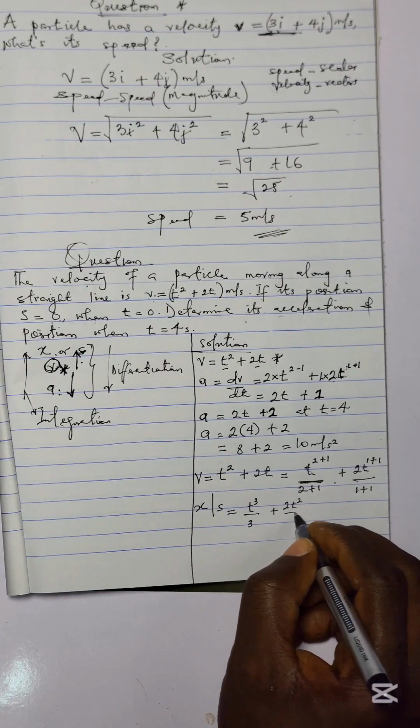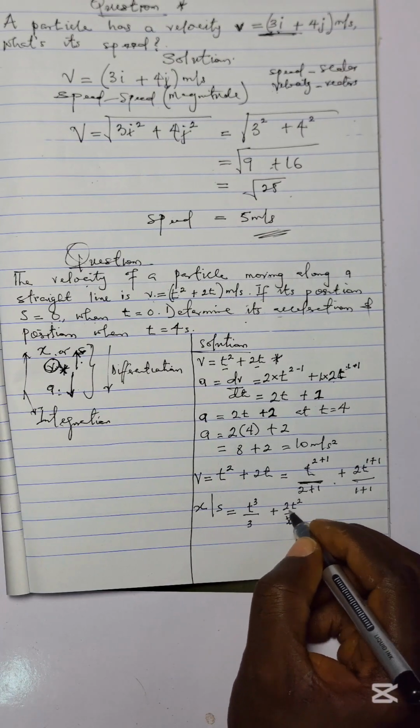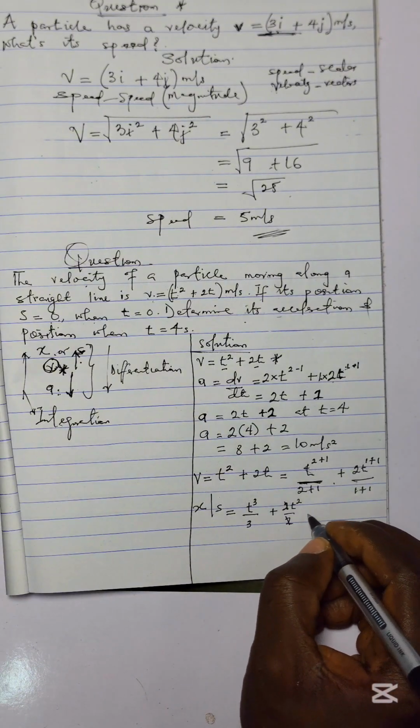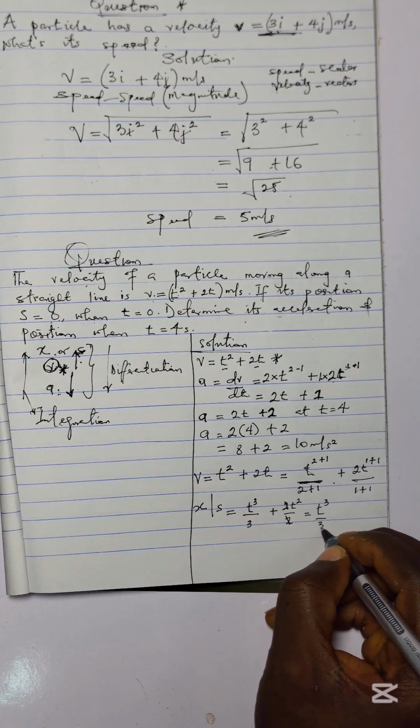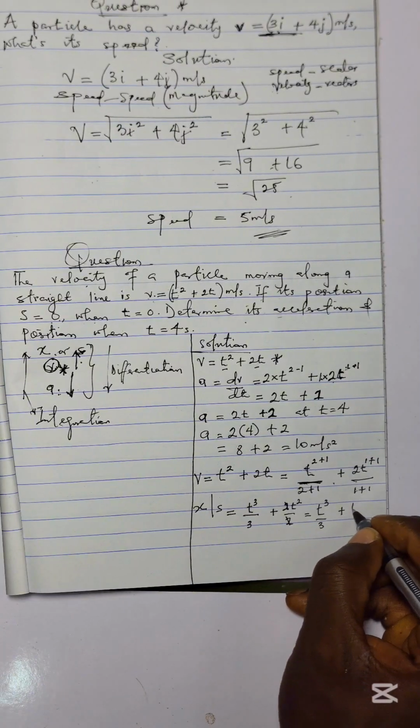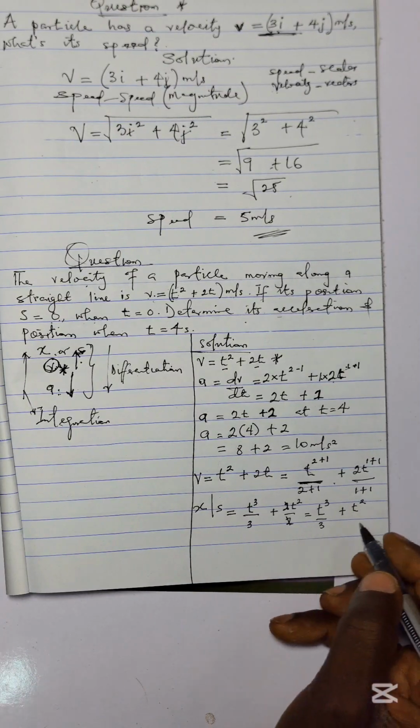For these, the 2 cancels the 2. So we have t raised to power 3 divided by 3 plus t squared. So this is our displacement.